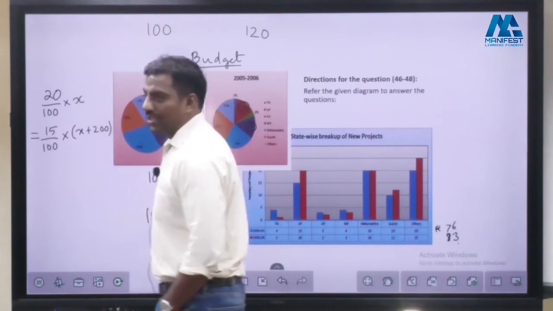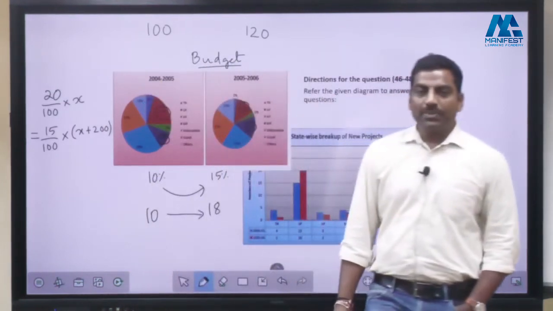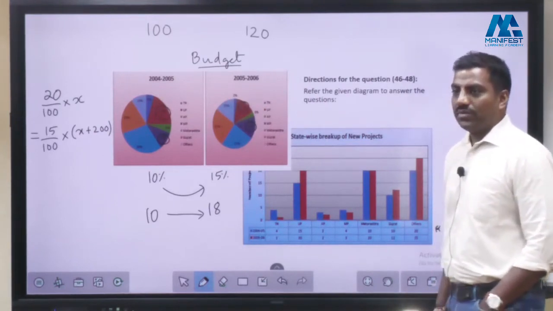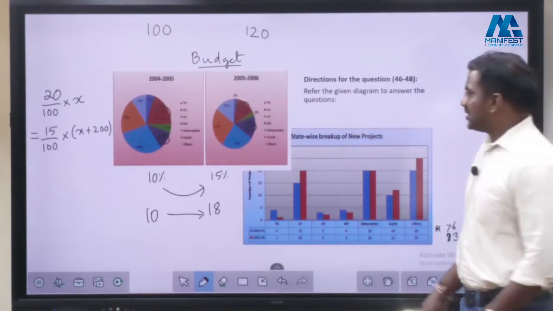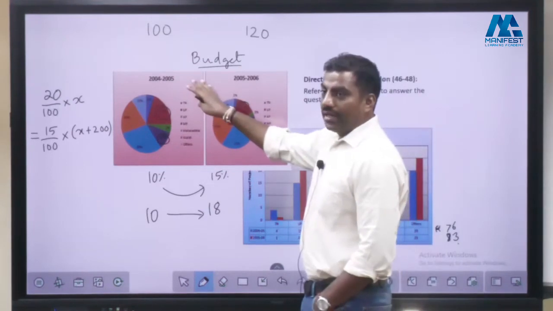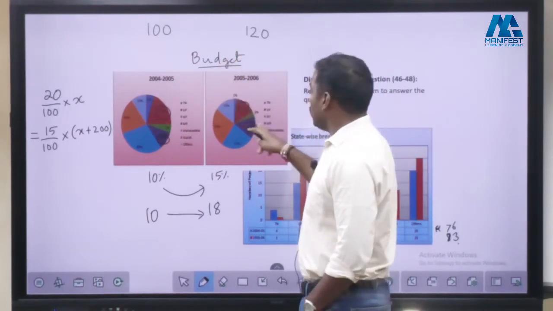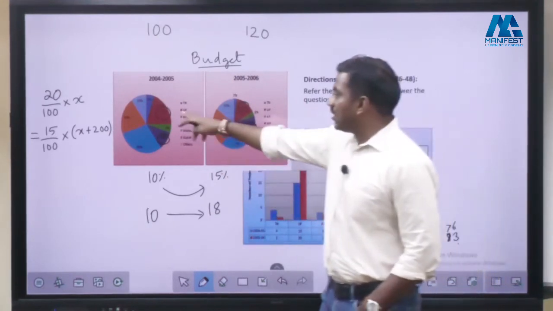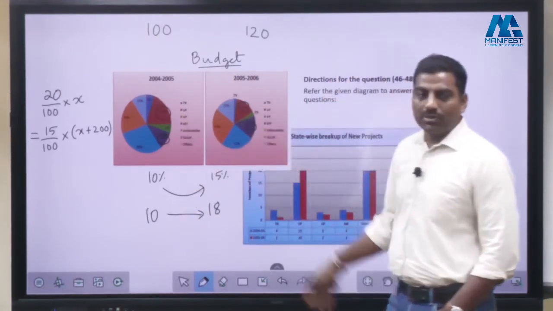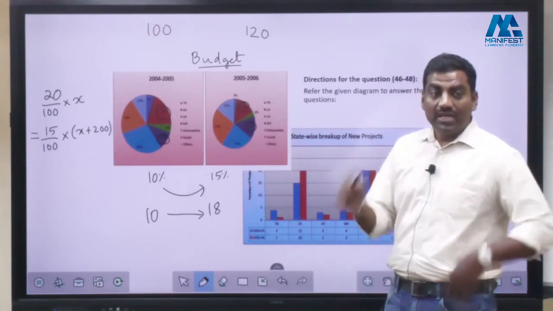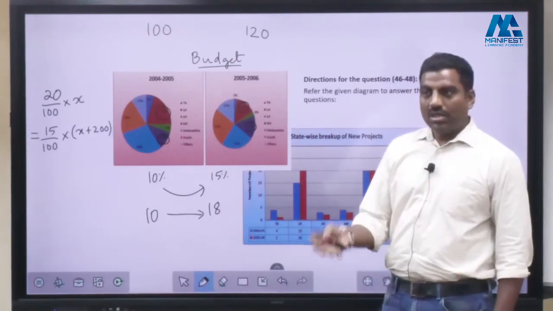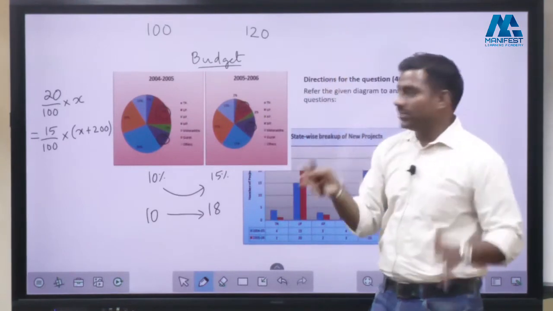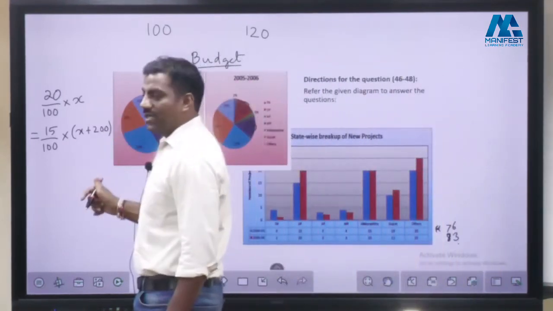So this is the equation. 20% of first year is equal to 15% of the second, because see, though the outlay has increased by 200 crore, UP's share has come down. UP's share was earlier 20%, now it has come down to 15%. That is why it is matching. Total budget is increasing, but UP's percentage has reduced. You have to find out X here.